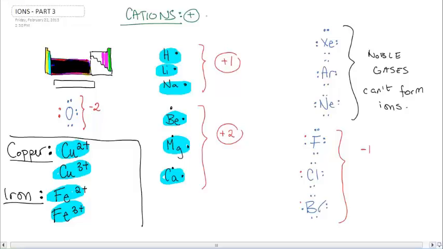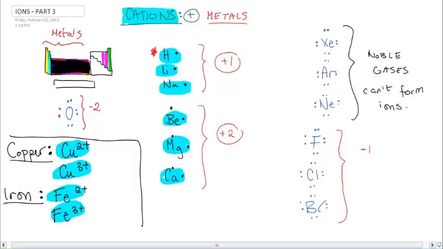Well, they're all metals, with the exception of hydrogen, right? But hydrogen's alone here. It's a loner in this exception. So all of the metals, again, metals are elements on the left-hand side of the staircase, will lose electrons, which means they'll have positive charges when they form ions, and we'll call them cations.